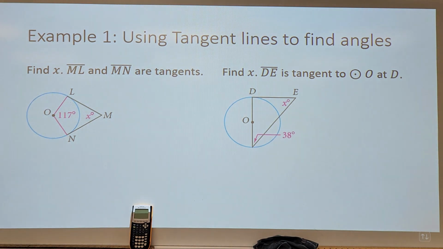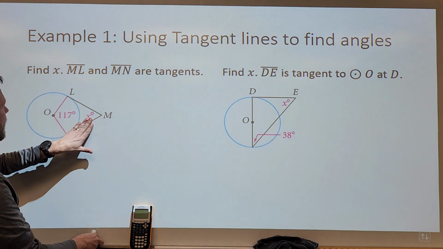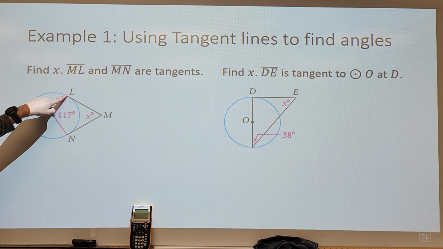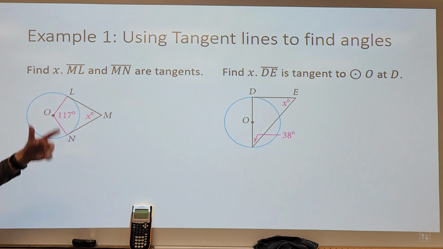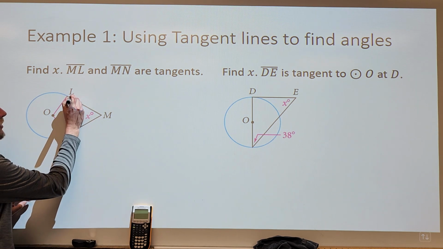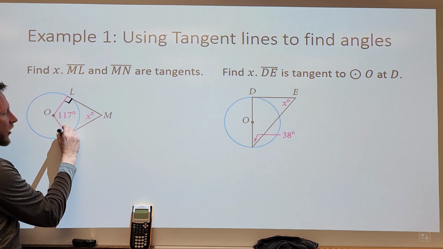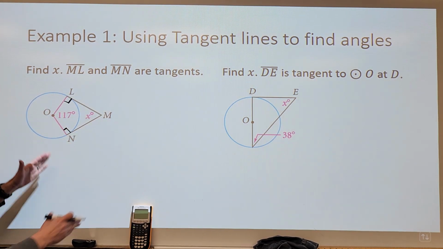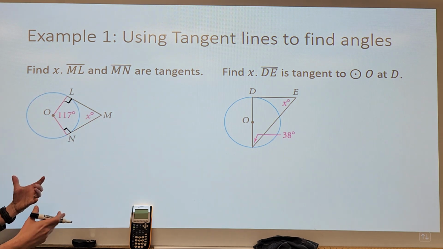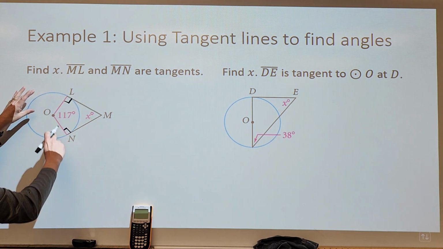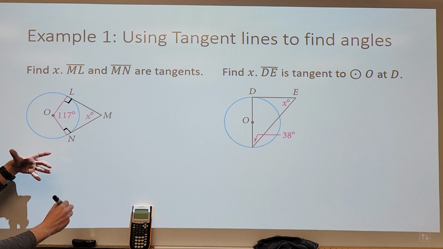All right, so for example, here we're going to find the value of x, knowing that ML and MN are tangent segments. Well, if ML and MN are tangents, then that means that this angle and this angle are right angles, because those segments would be perpendicular to the radius OL and perpendicular to the radius ON.